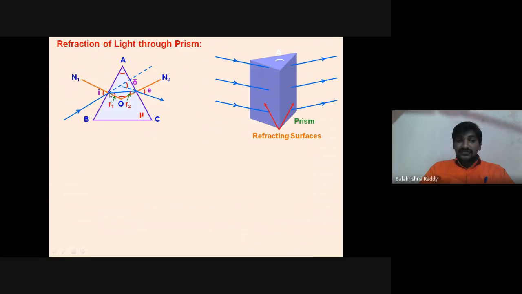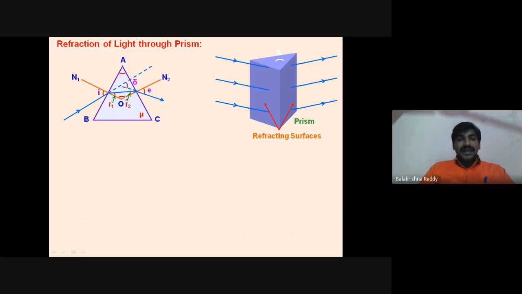Otherwise, the light ray could go straight like this, right? So at this point, wherever these two external light rays meet, that angle we call the angle of minimum deviation of that particular prism.